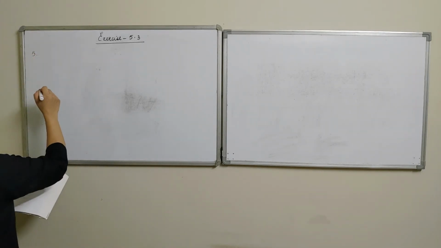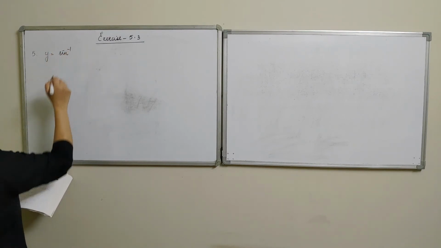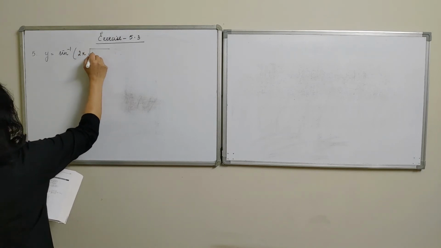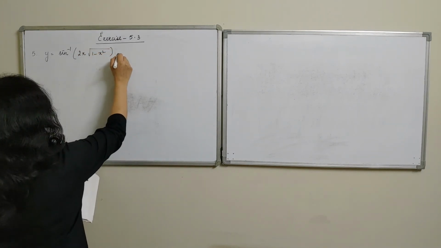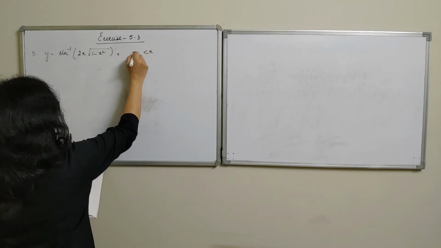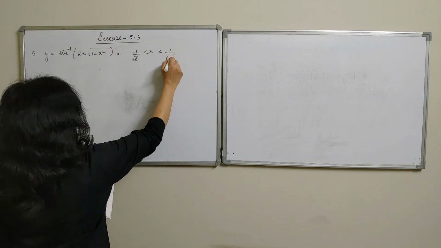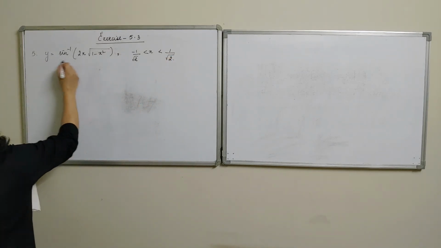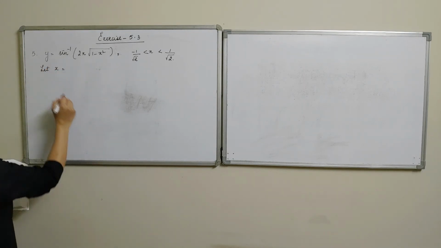So next question is y is equal to sine inverse of 2x under root 1 minus x square, where x is greater than minus 1 by root 2, less than 1 by root 2. So here again, composite inverse trigo function, so some substitution has to be used.